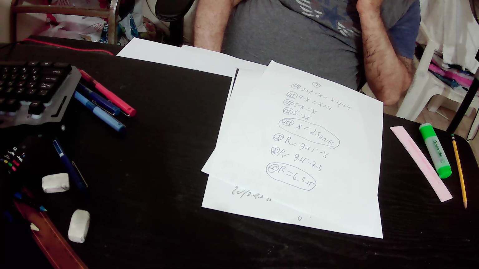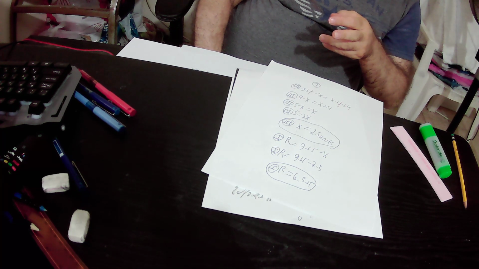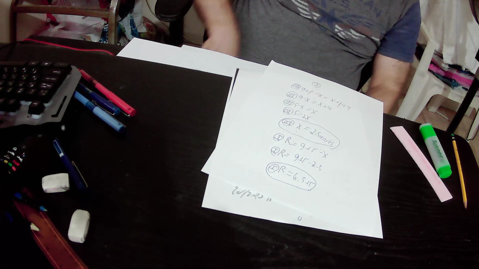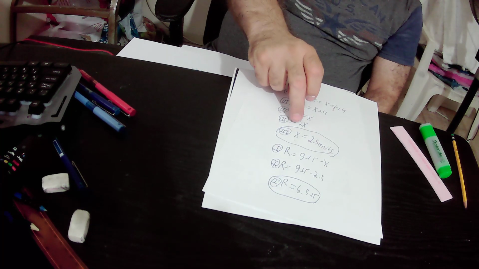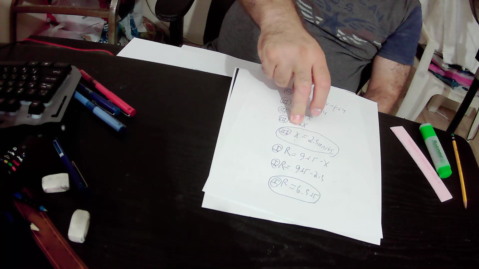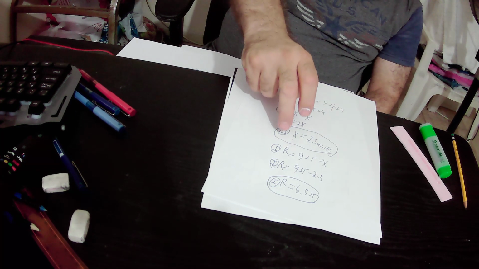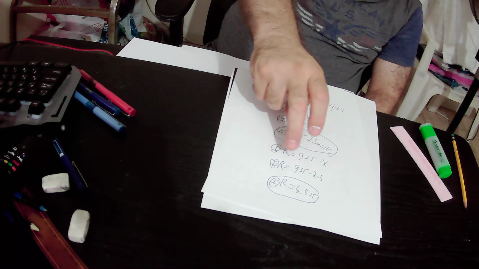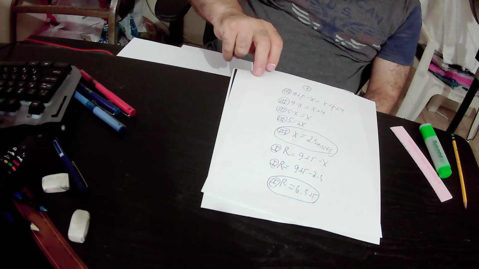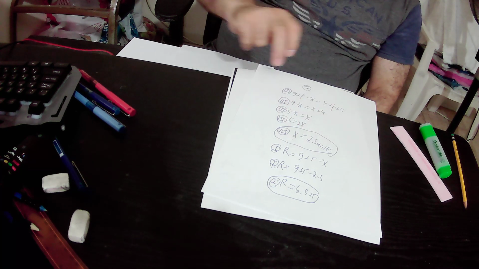So the radius of the big circle, capital R, according to equation number 1, equals 9 plus small r minus x. We have already found the value of x, so we can substitute x by 2.5 units. So the radius of the big circle equals 6.5 plus small r, and x equals 2.5 units.